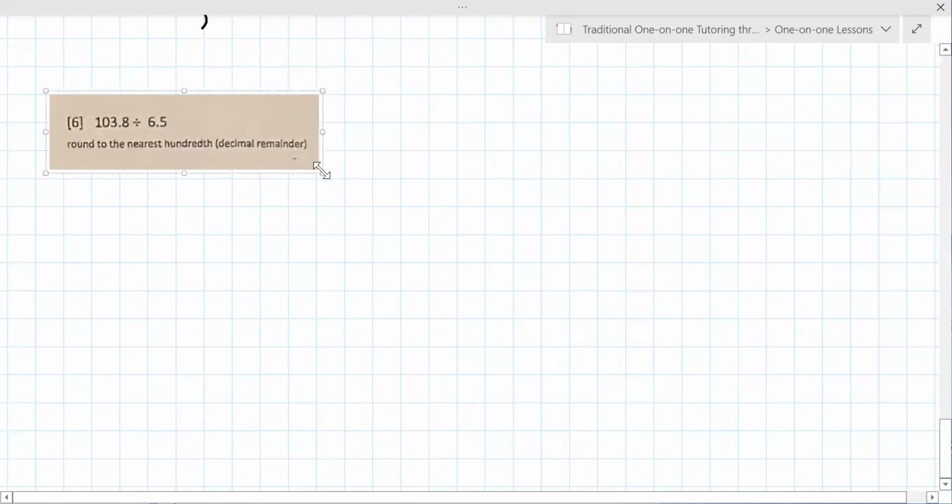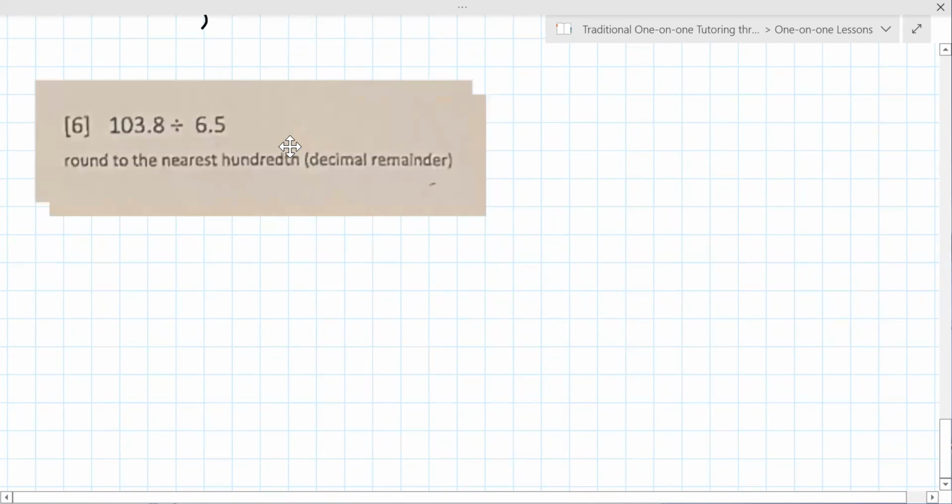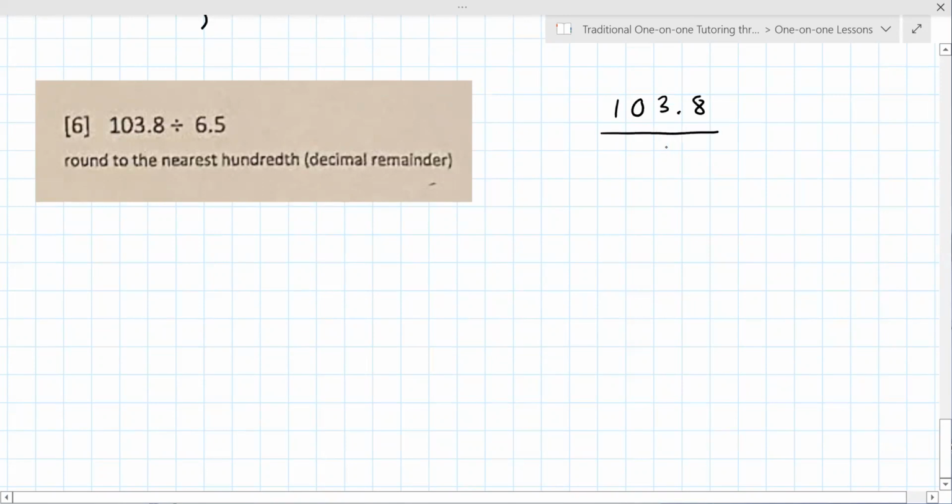Okay, so a couple of things here. You're going to start writing these in this form: 103.8 over 6.5. Now, before you divide, you multiply them both by 10 because you want the decimal to be moved to the right one position.